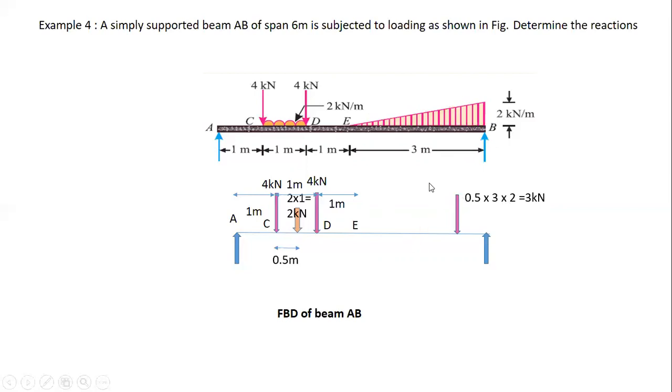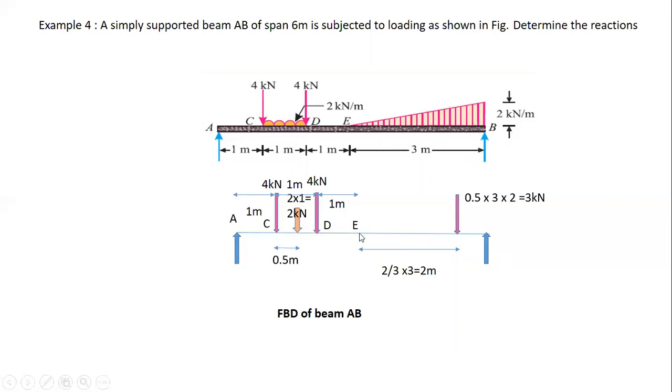And we have to mention the distance. From the hypotenuse end, remember always, this is your hypotenuse end, it will be acting at a distance of 2/3 of the span. So from the point E, 2/3 of 3 is 2 by 3 into 3, which is equal to 2 meter.